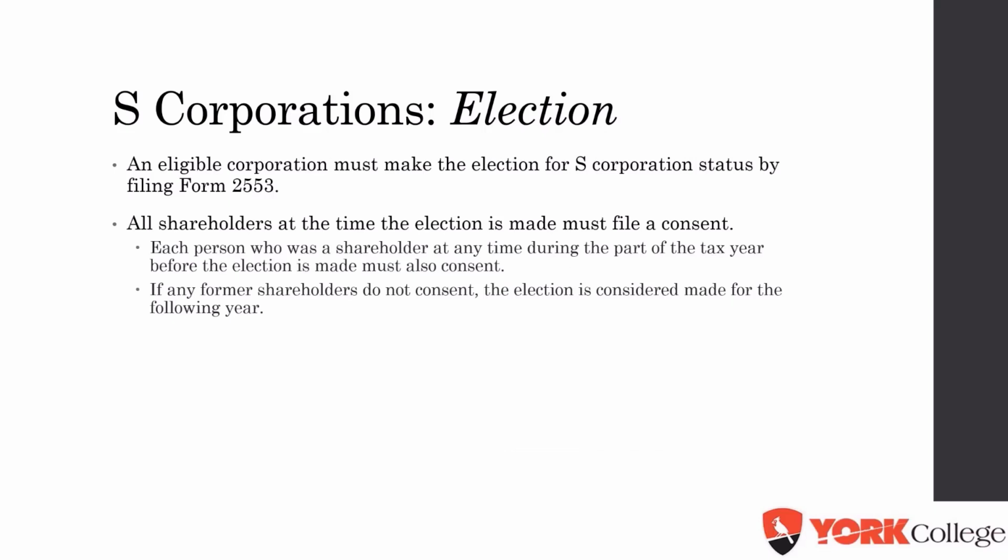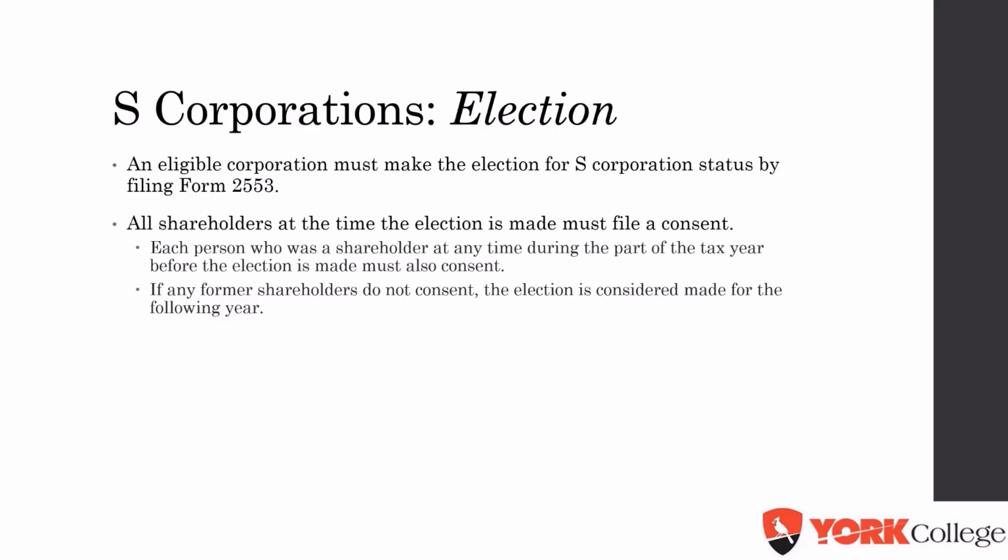Second, you have election. Election simply refers to this: if a corporation otherwise fulfills all of the eligibility requirements to give it S status, then that corporation makes an election for S corporation status and files Form 2553.